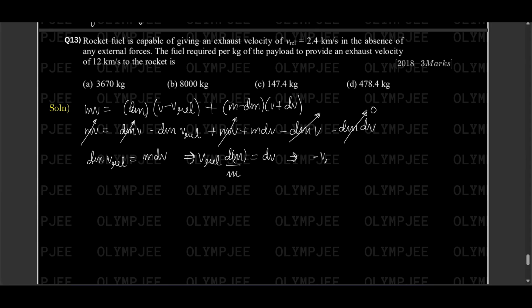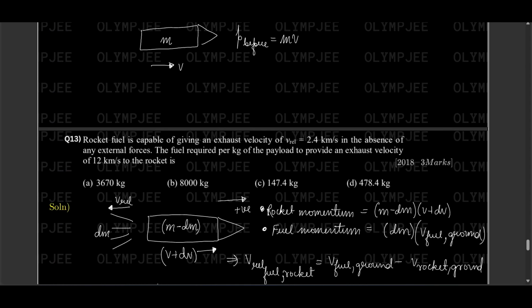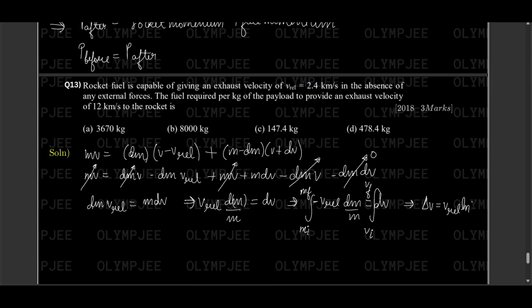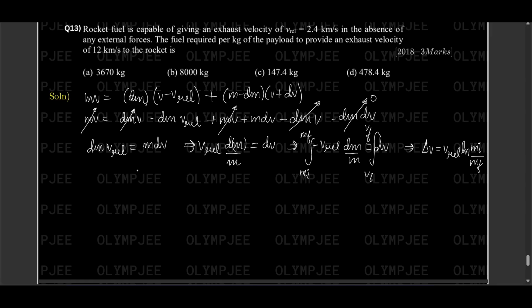So this will be minus vrel dm by m is equal to dv, and now we integrate this from m initial to m final and v initial to v final, which will finally give us that delta v is equal to vrel ln of m initial by m final. So now we use this formula.